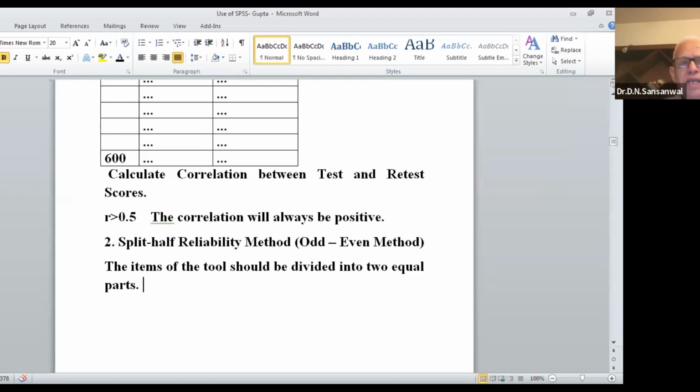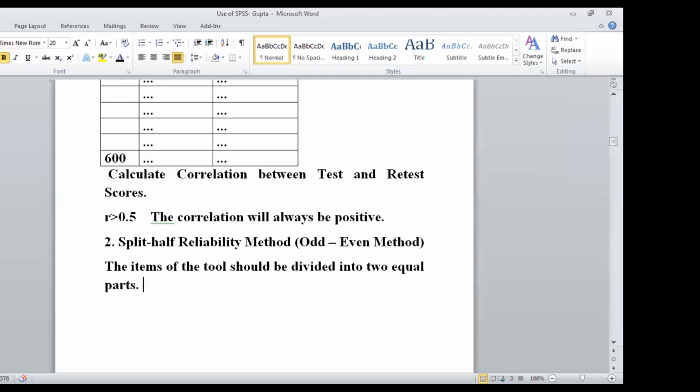And then you can keep one on one side and another on another side. So your first item and the second item must be equivalent. Your third and fourth item must be equivalent. Like this, you can split it by taking all the odd items on one side and even items on another side.